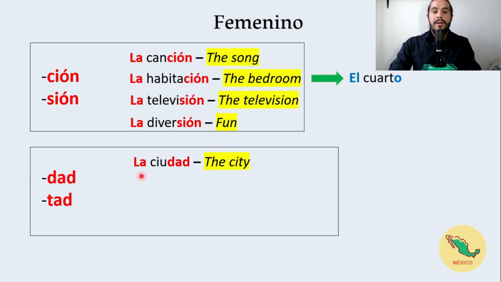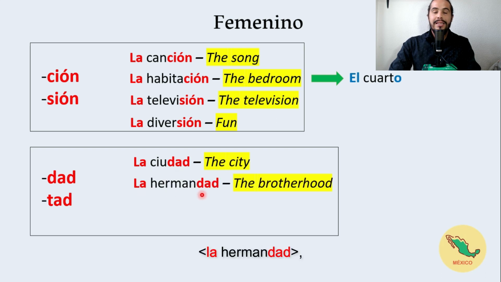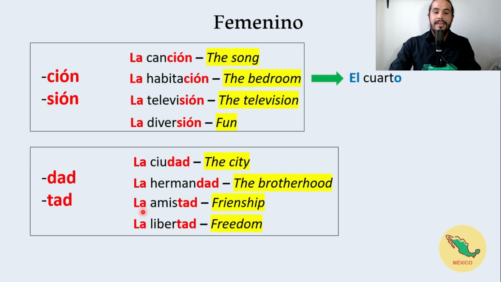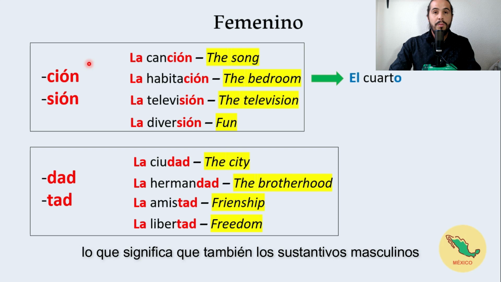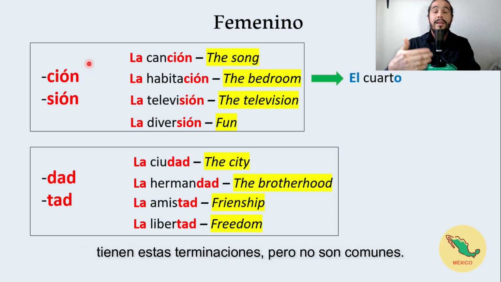For example, la ciudad, la hermandad, la amistad, la libertad. These endings are quite common in feminine nouns, which means that masculine nouns also have these endings, but they are not that common.